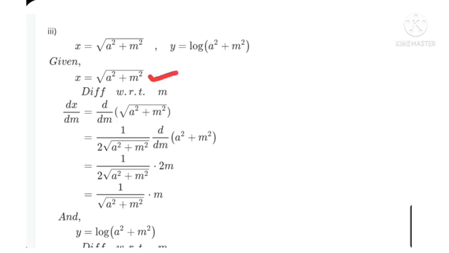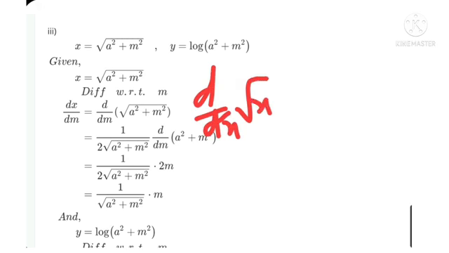Write x is equal to root a square plus m square. Differentiate with respect to m, we get dx by dm is equal to d by dm of root a square plus m square. What is the derivative of root x? You know, d by dx of root x is 1 upon 2 root x.